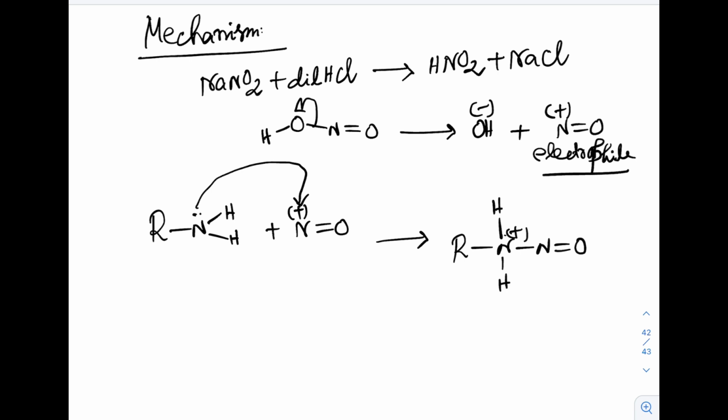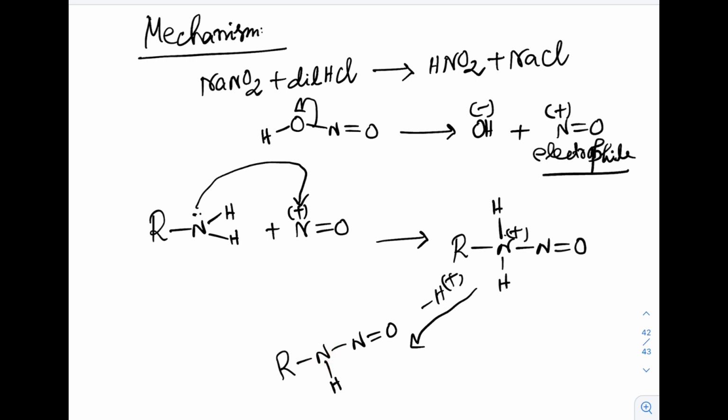So on that note, what will happen afterwards: one proton will be released from this tetra-coordinated nitrogen, and as a result this will be generated. Now this is the NO, nitroso group.